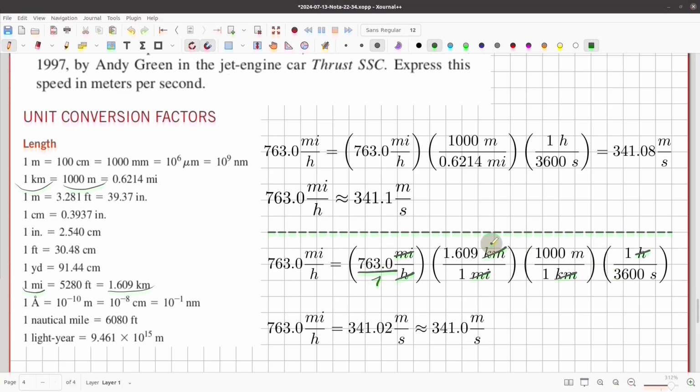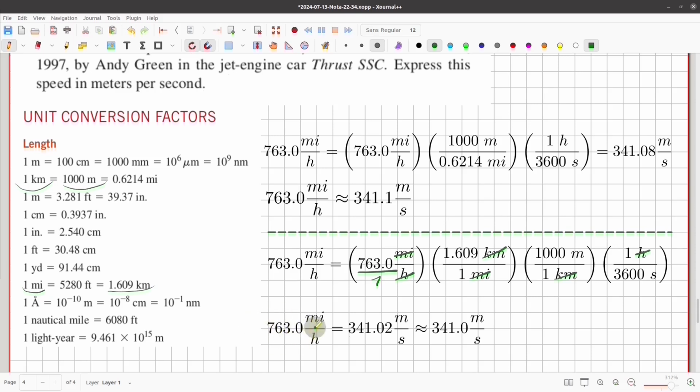To perform this multiplication, we will multiply all the numerators together and then divide that result by the product of all the denominators. That results in a value that, initially rounded to 5 significant figures, is 341.02 meters per second.